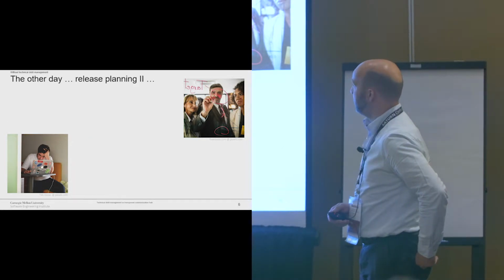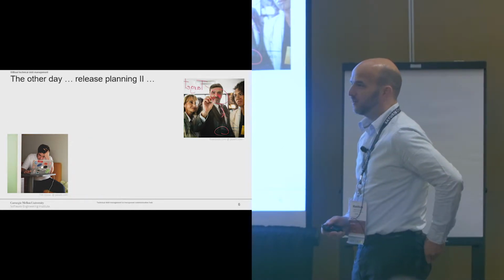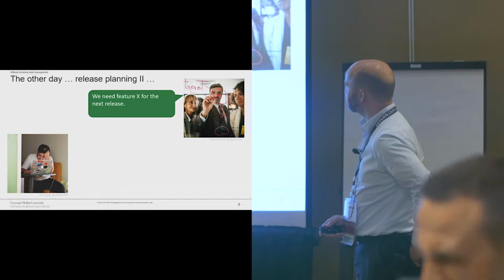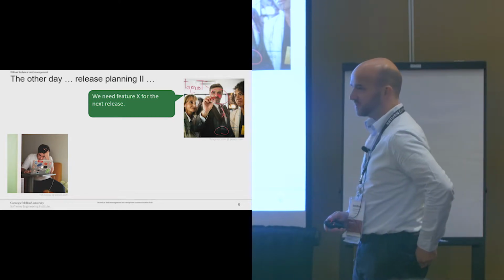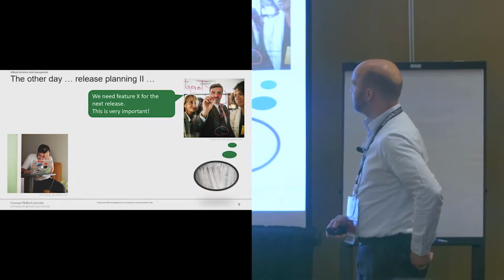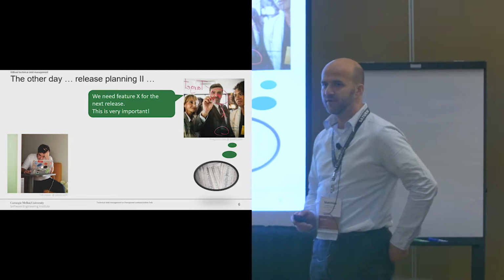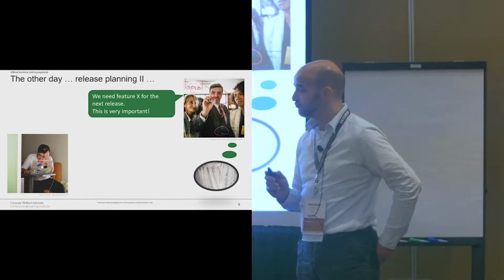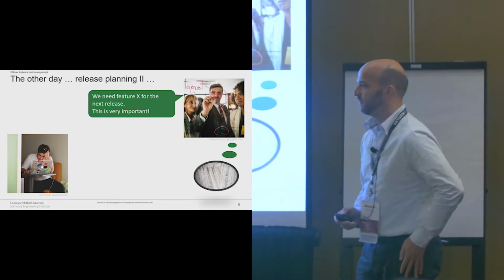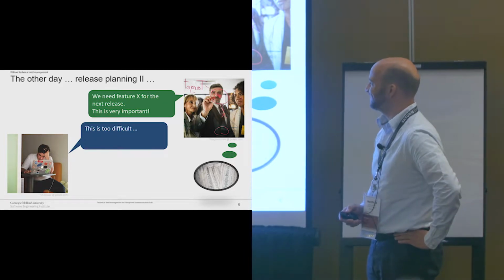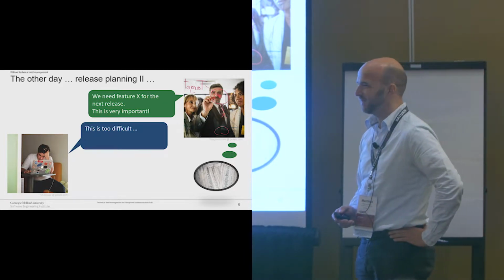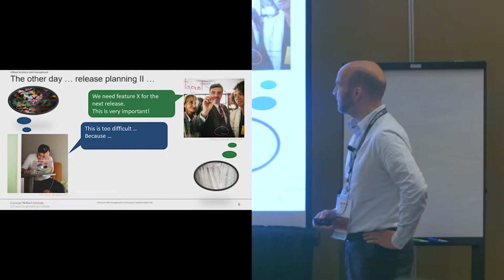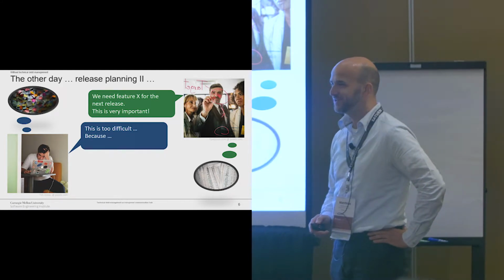In release planning number 2: we need feature X for the next release. This is very important, we really need that feature. And the developer says, that's too difficult, we cannot really do it because we have those issues.